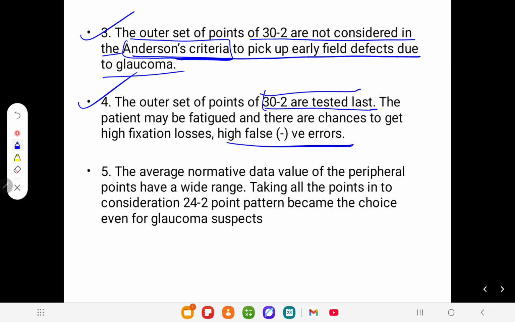That's why 24-2 may be better. I don't know, but there is an argument. The average normative data value of the peripheral points has a wide range. So taking all those points into consideration, 24-2 point pattern becomes a choice for even glaucoma suspect. That's why we think 24-2 can be a first starting point.